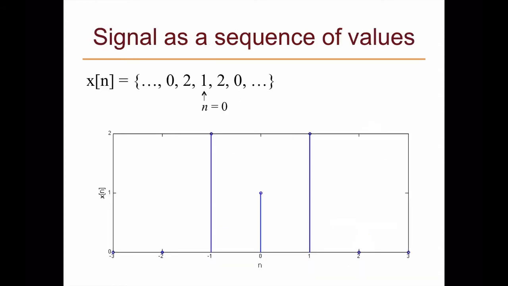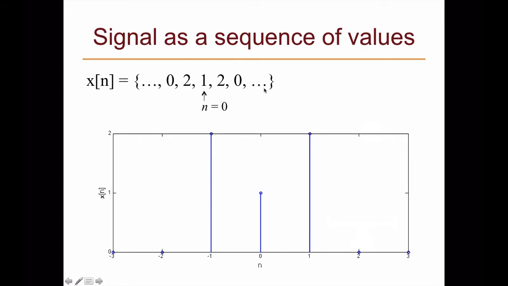We can write a signal as a sequence of values, but please note that to write it as a sequence, you need to also specify the point at n equals 0 as a pivot point, so that you will know the indexes of each point in the sequence that you write.